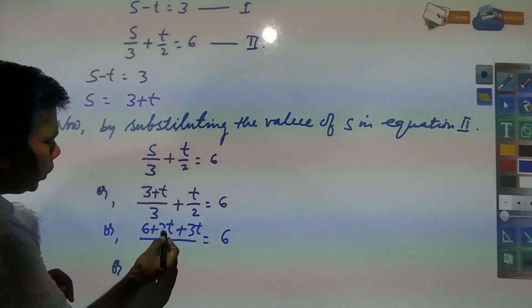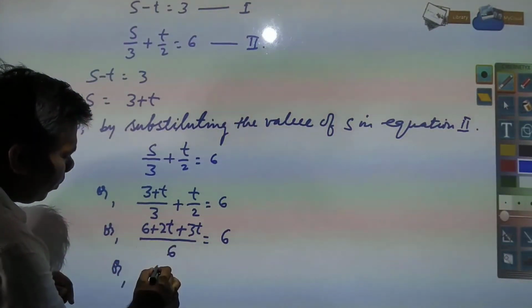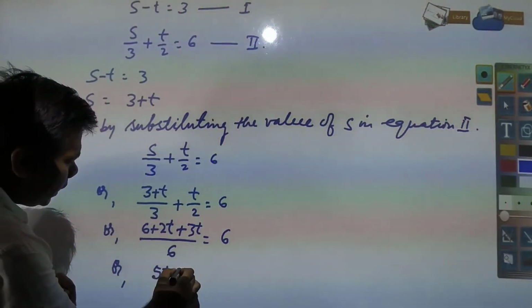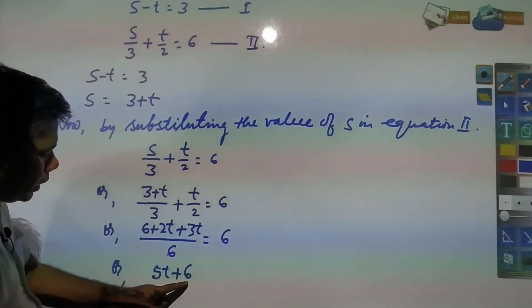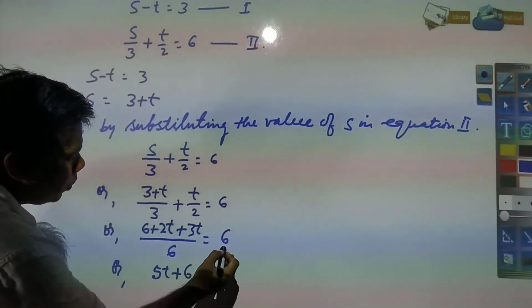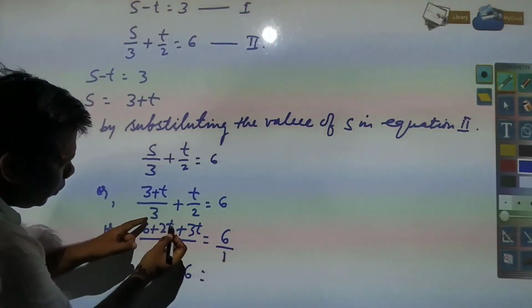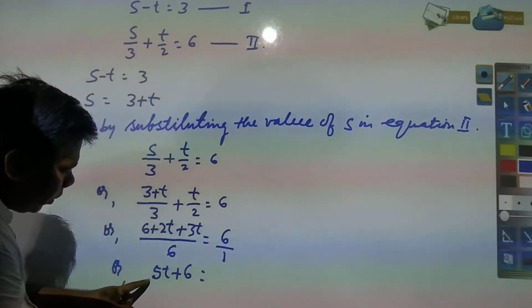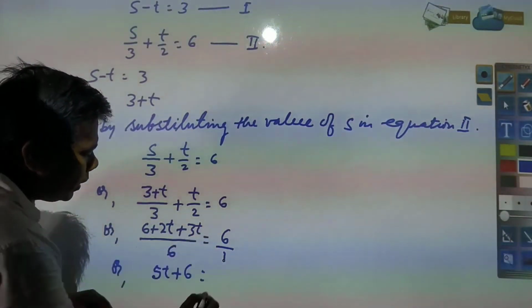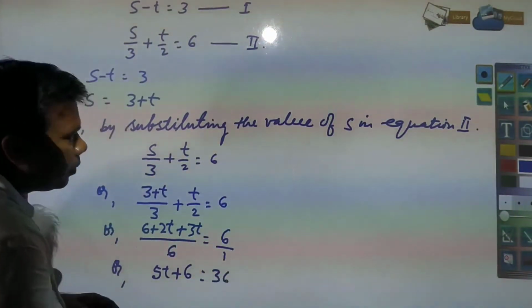Or 2t and 3t became 5t and plus 6. This plus 6 is equal to, cross multiplication we will do. So here you have 1. This we have multiplied with 1 and we have got 5t plus 6, and this we will multiply 6 into 6, that is 36.